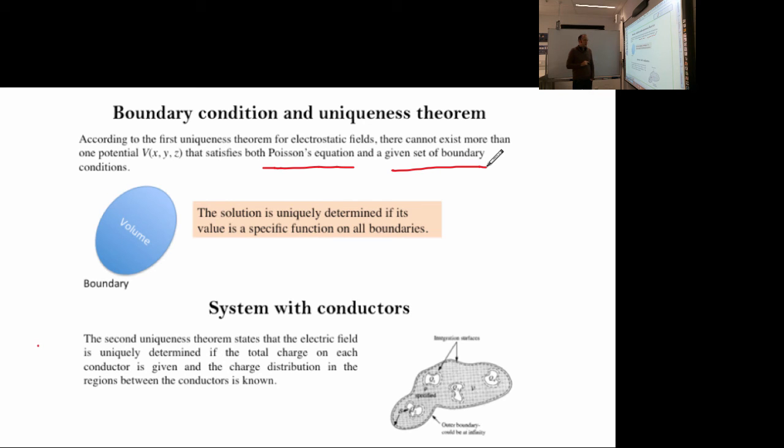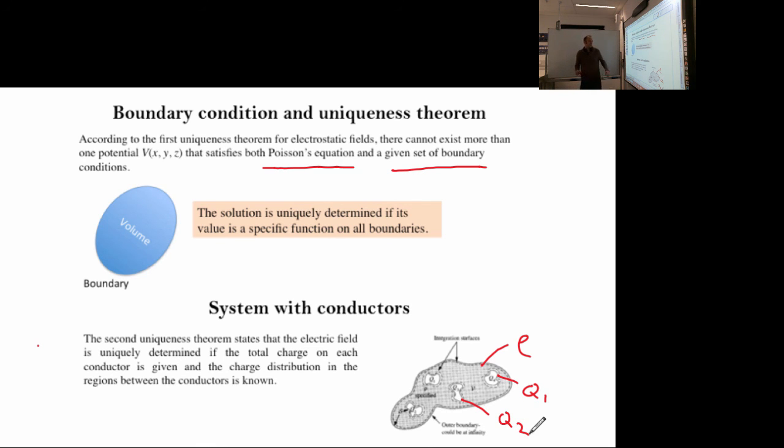The second theorem has to do with some volume which contains some specified charge density, given by rho, and it's surrounded by a number of conductors, given for example as Q1 and Q2 and so forth.